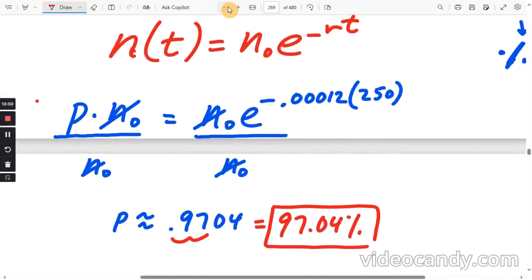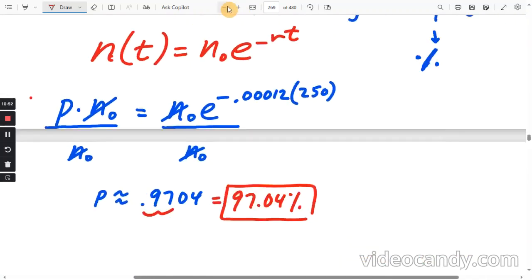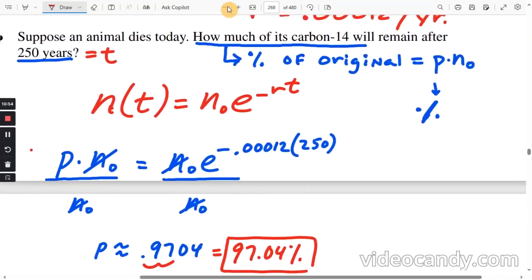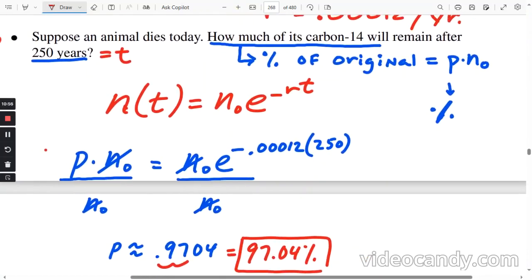All right, because remember we let p equal the percentage, but when you let p equal the percentage, it's going to give you the percentage as a decimal. Okay, so to convert it, you're going to have to move the decimal to the right 2 places. But they're asking how much of it will remain, about 97%.